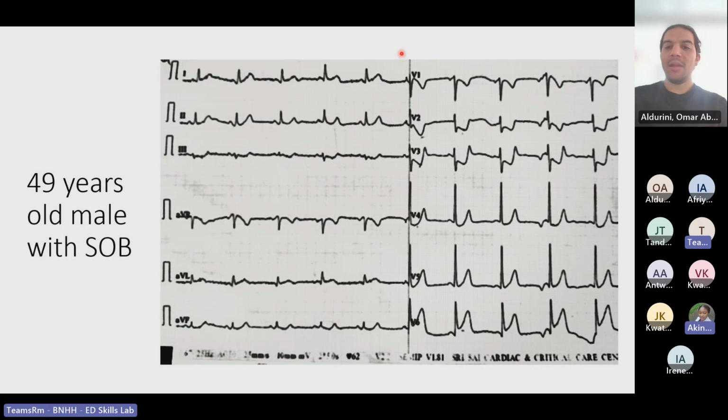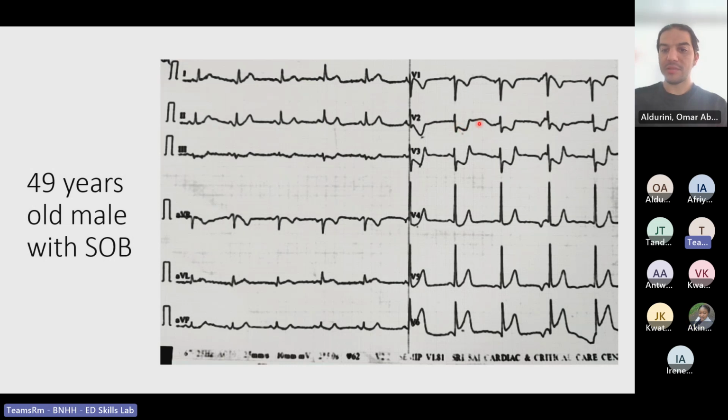What about V2? V2. Okay, so we look for the J point.